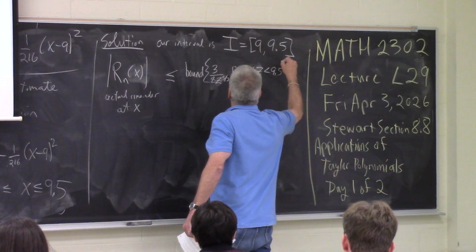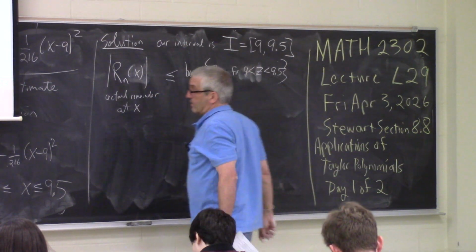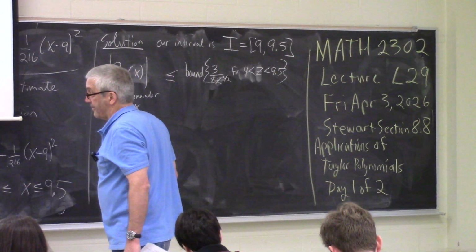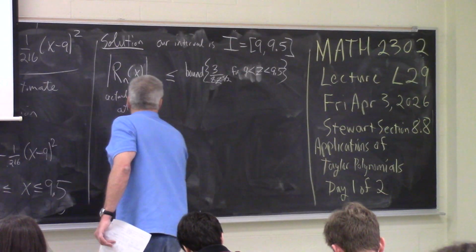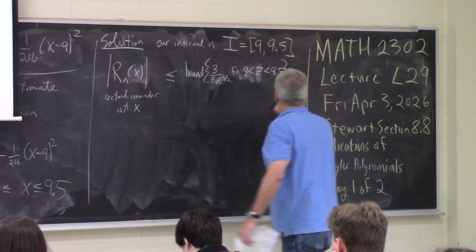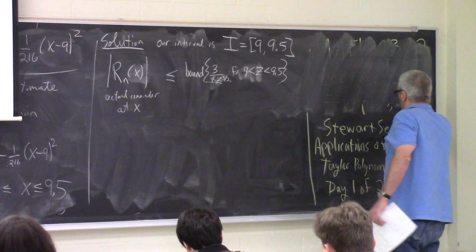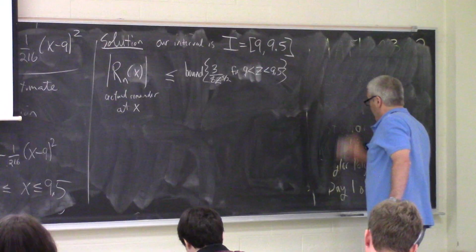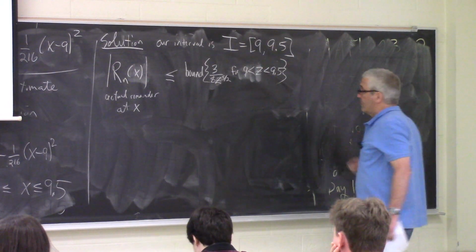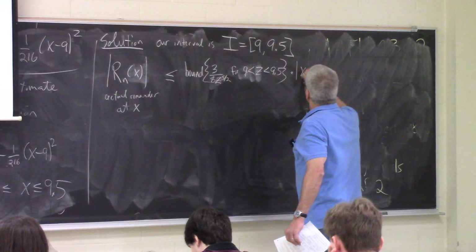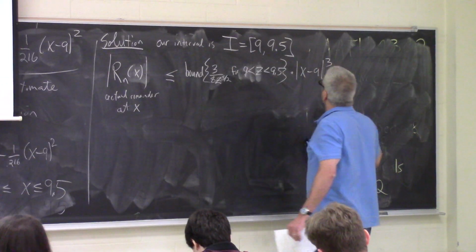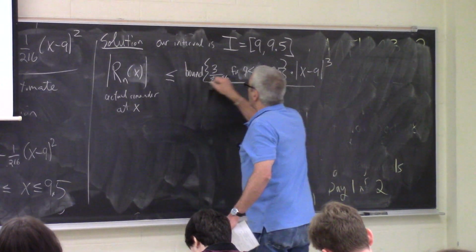And in that handout, that's a strict inequality. And then multiplied by the absolute value of x minus 9 cubed, and then divided by 3 factorial.